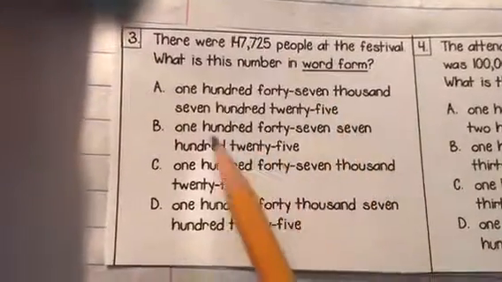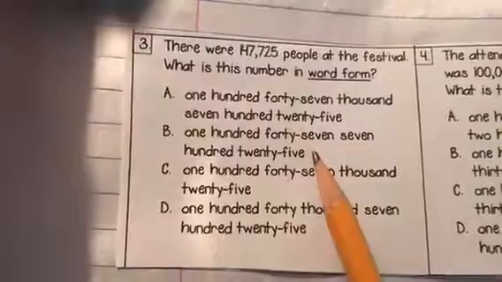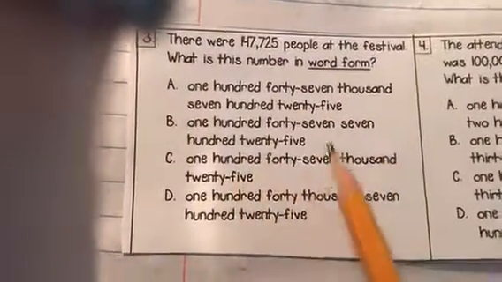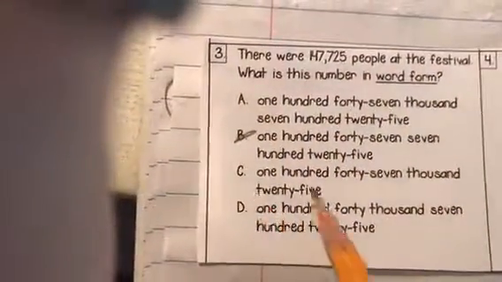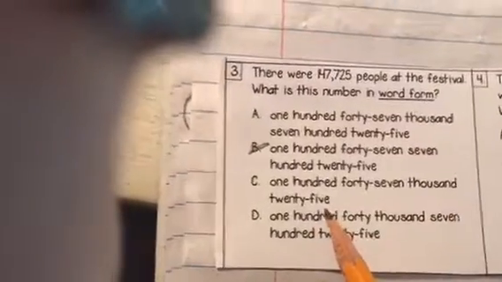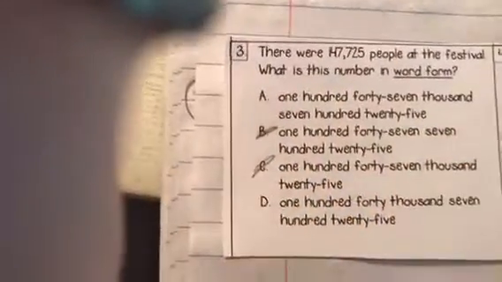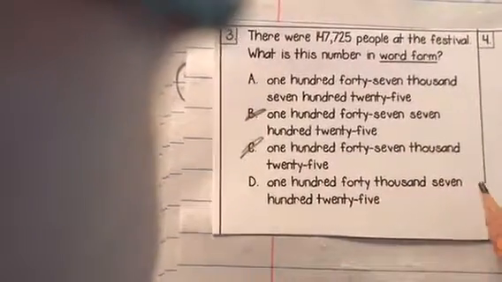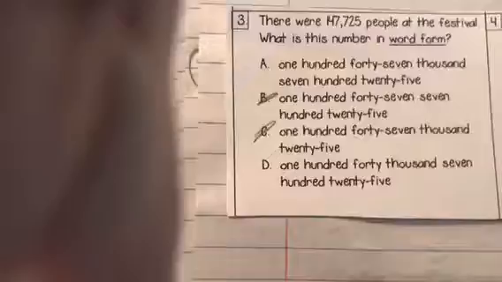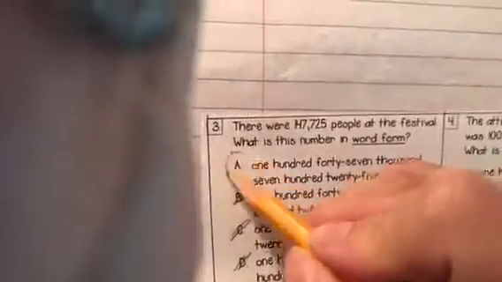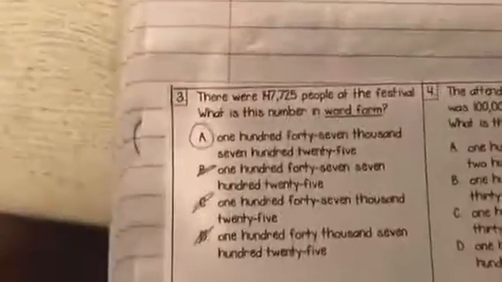I'm going to check the rest. 147, then they did not say thousands. 725, so that one would be wrong because they missed the word. 147,025, there they forgot the 7 in the 700s place. 140,000, so then they forgot the 7 for 47,000, so that one's wrong. So then I know that my best choice and my right answer is A.